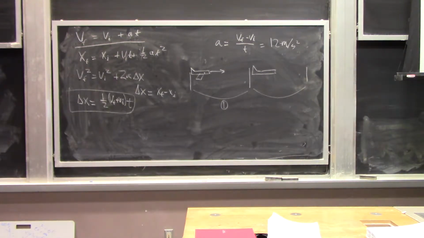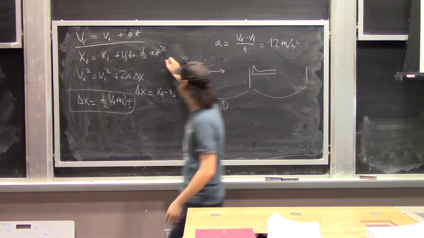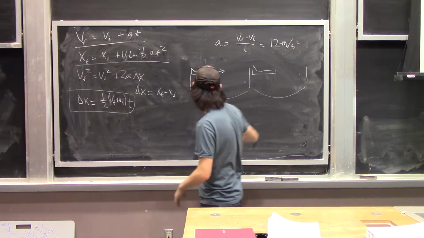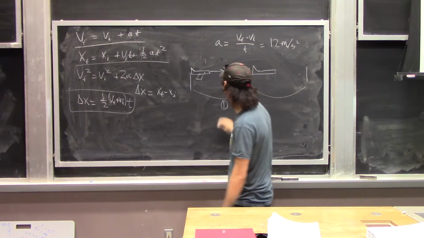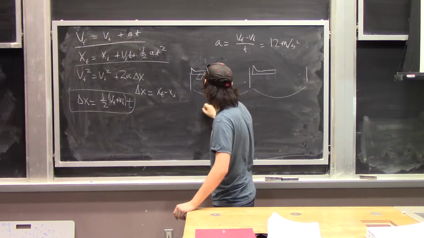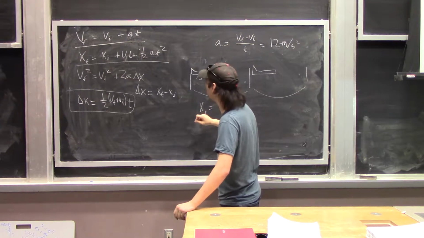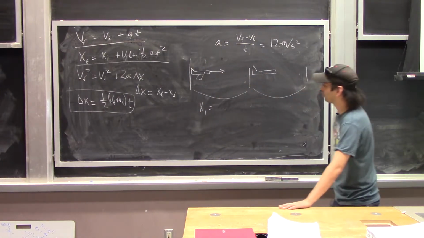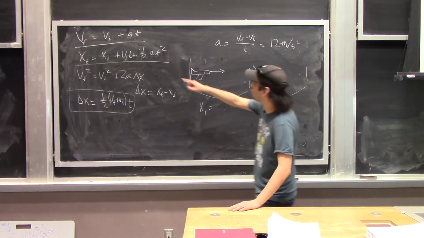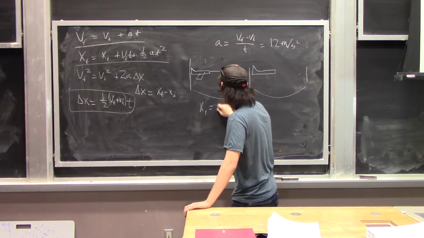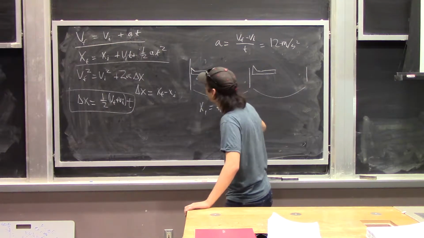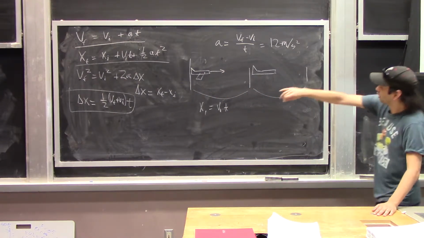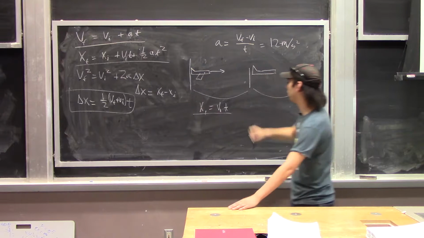The way that I did it was to use this equation. When we use this equation, we can pick off the terms that we need for interval 1 and interval 2. For interval 1, x1 is equal to the initial position, plus the initial velocity, vi, times the time, plus 1/2 times the acceleration times time squared. Here, it's not accelerating, so the last term drops out.